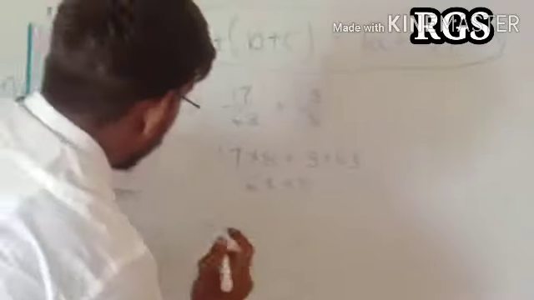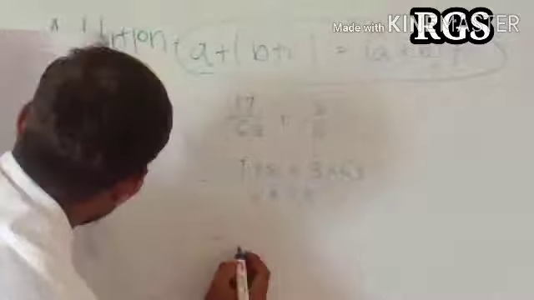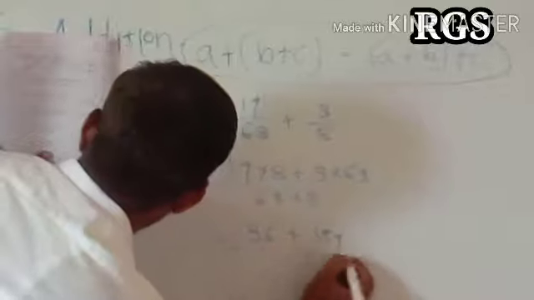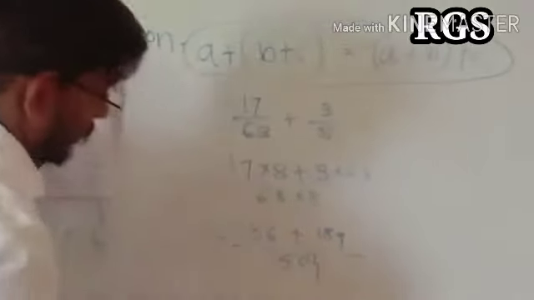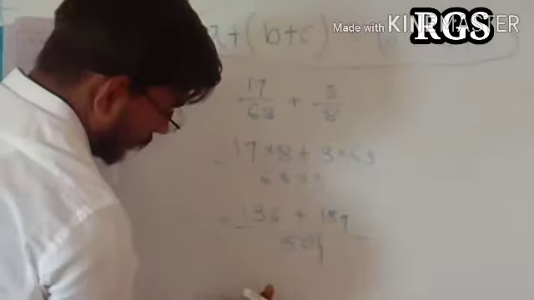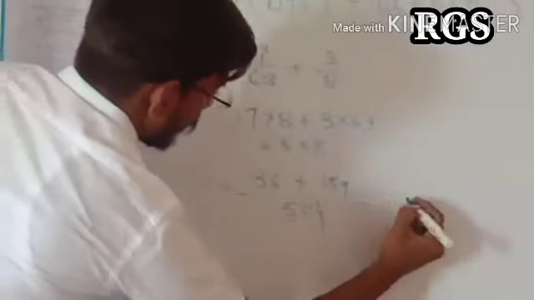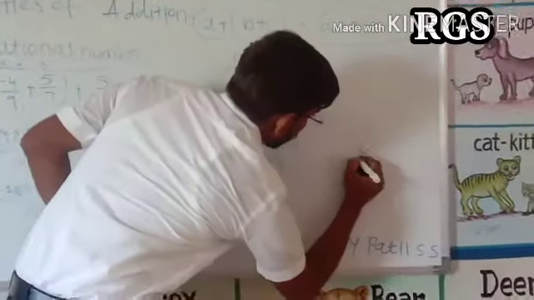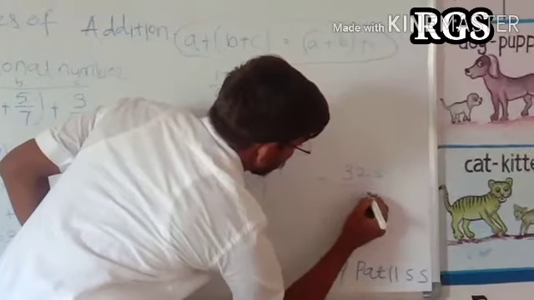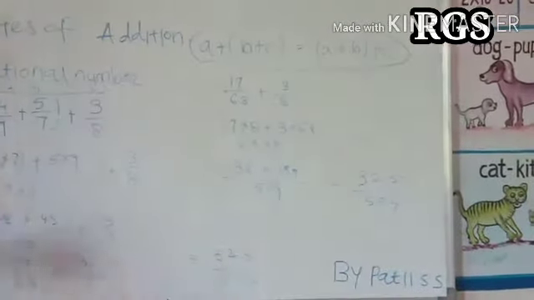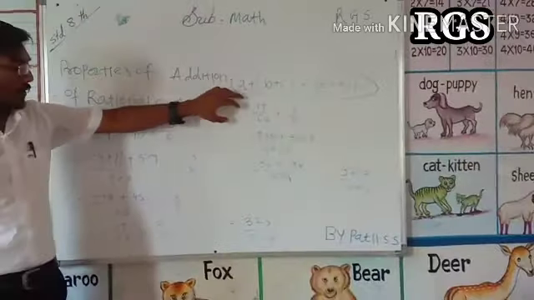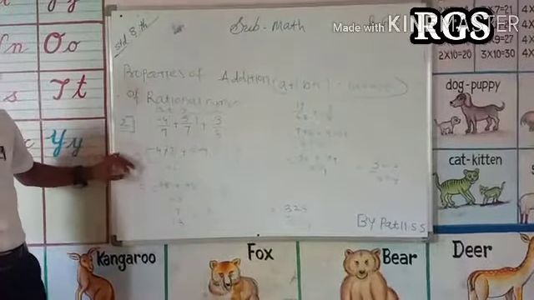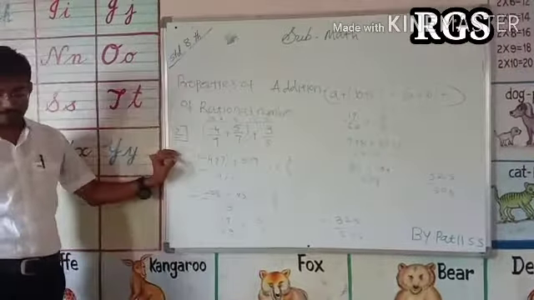After solving this equation, the product of 17 into 8 is 136 plus 3 into 63 is 189 divided by 504, which equals 136 plus 189 is 325 divided by 504. After solving the same equation with these two formulas, we get the same solution. Hence, the solution satisfies this associative property.